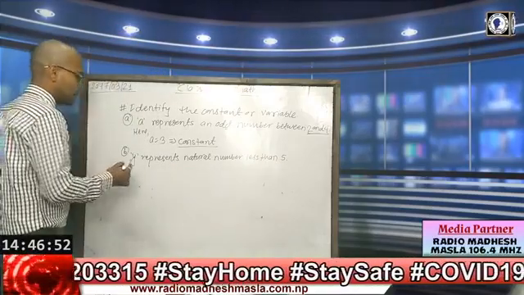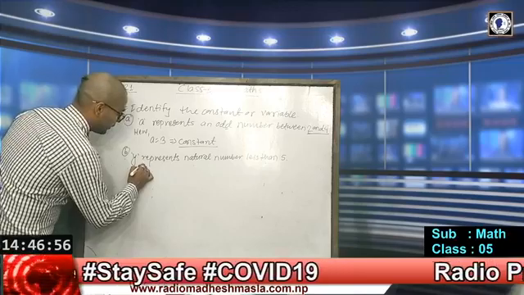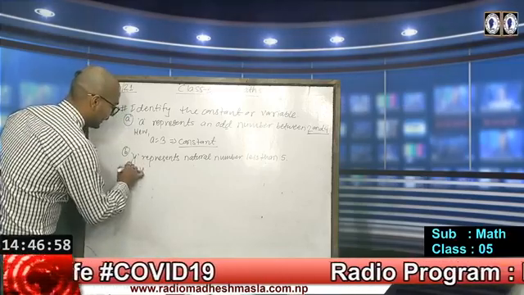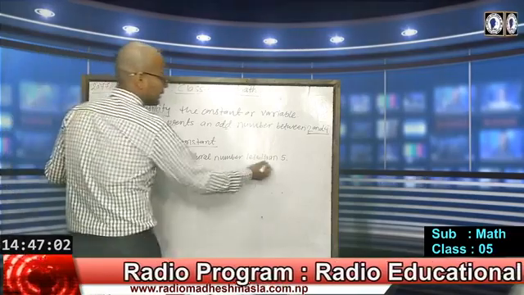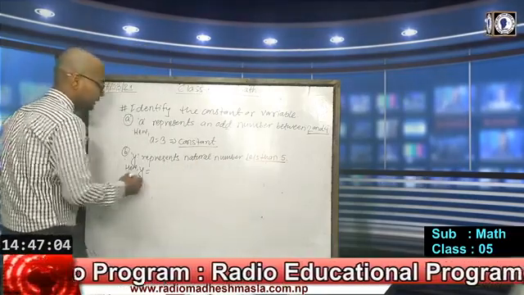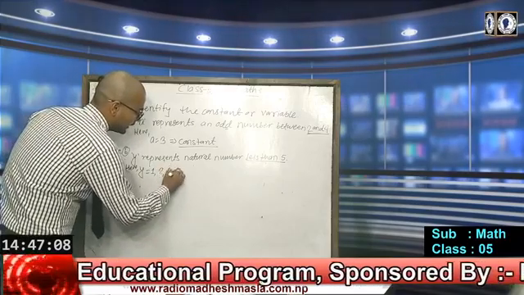So what are the natural numbers less than 5? Here comes 1, 2, 3, 4.